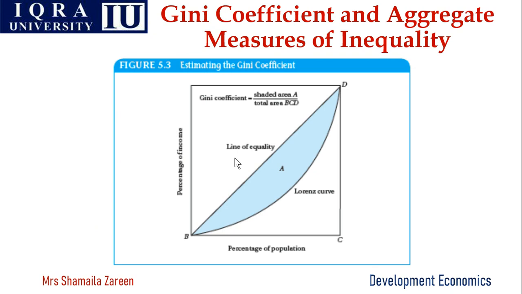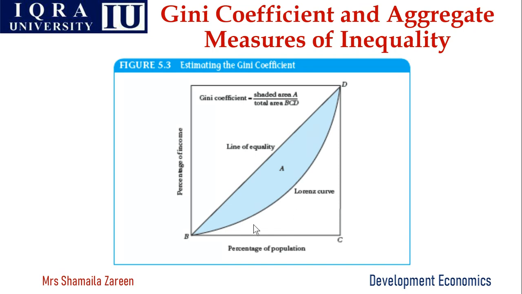A final and very convenient shorthand summary measure of the relative degree of income inequality in a country can be obtained by calculating the ratio of the area between the diagonal and the Lorentz curve divided by the total area of the half square in which the curves lie.